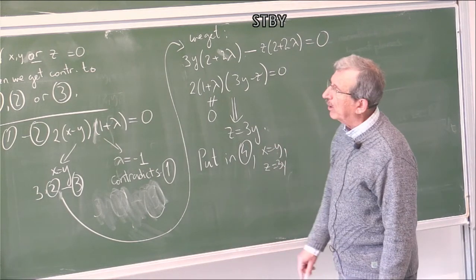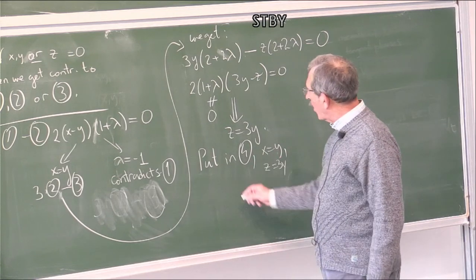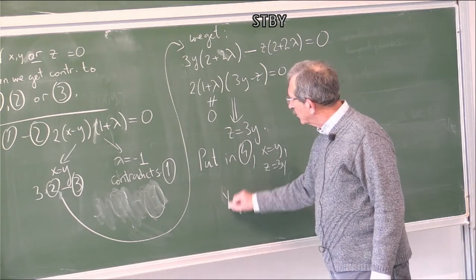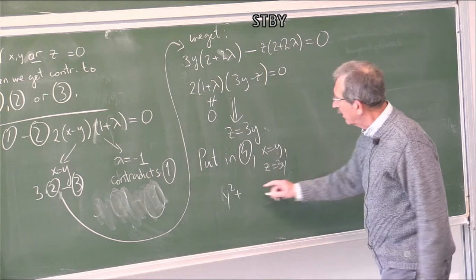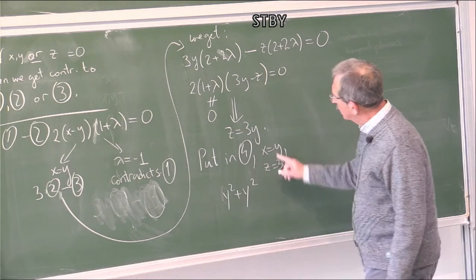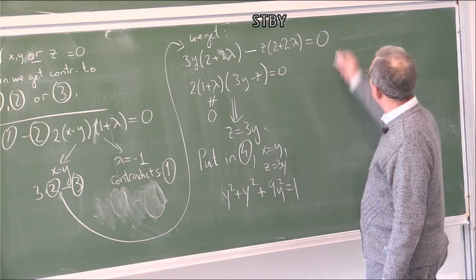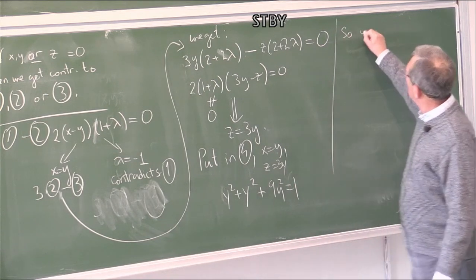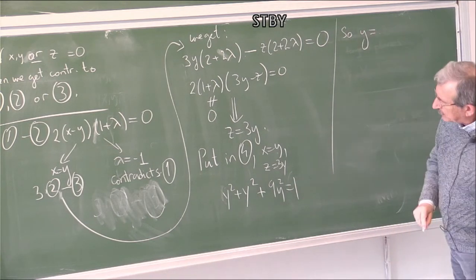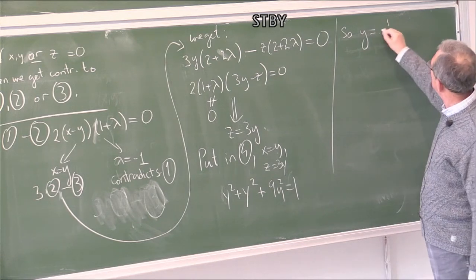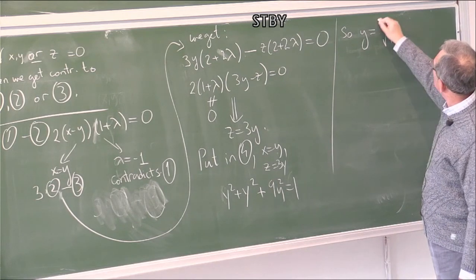Also z is 3y. So in 4, this means that you square them. So you have y squared, that's x squared, plus y squared, plus 9y squared is 1. So y becomes plus or minus 1 over root 11.